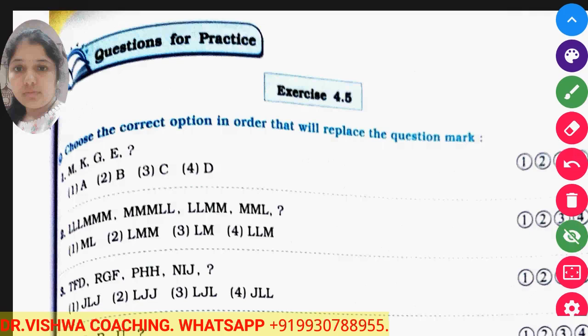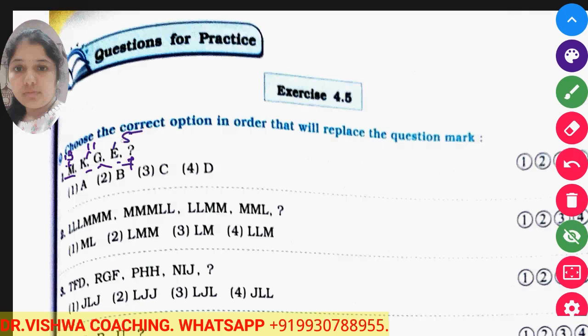So alphabets are given as M, K, G and E. First you give the numbering. 13th position is of M, K is at 11th position, G is at 7th position, E is at 5th position.